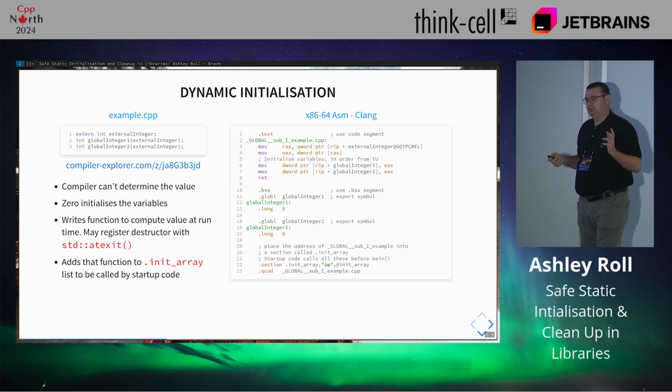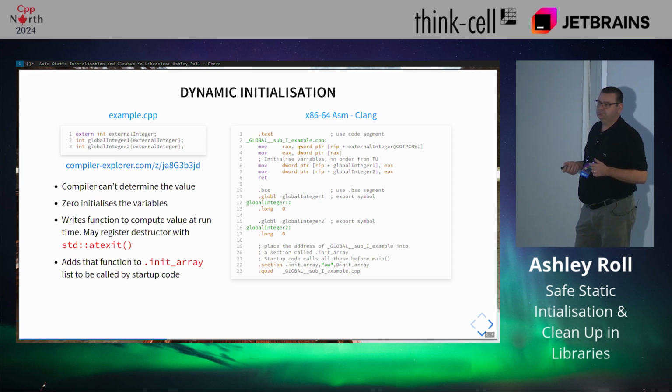What this is, is a collection of effectively pointers to these functions that the linker will join together at the end. And that's what our startup routine uses to go and initialize everything. It calls all of these functions in whatever order they appear. And that gives you the opportunity then to dynamically calculate all these things before main runs.